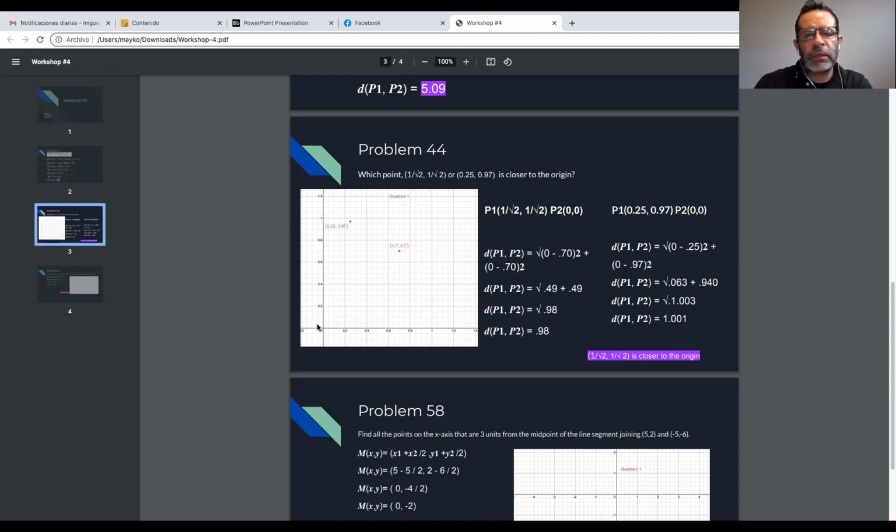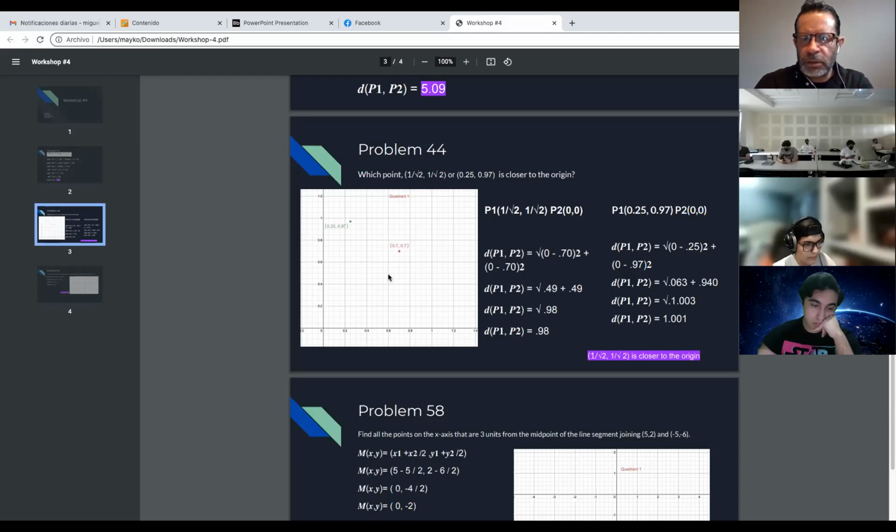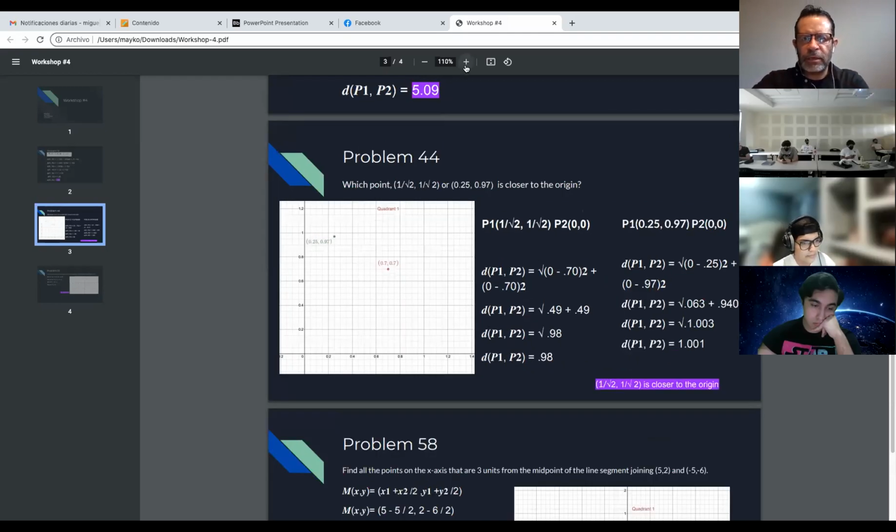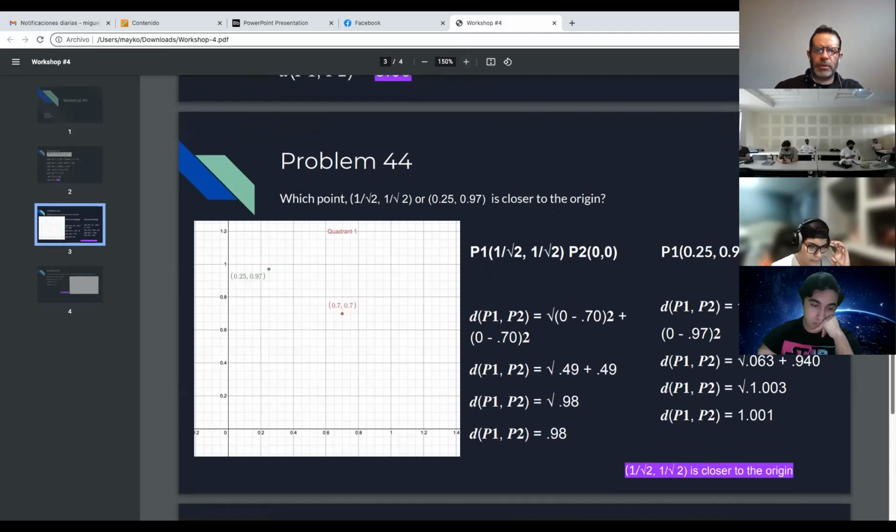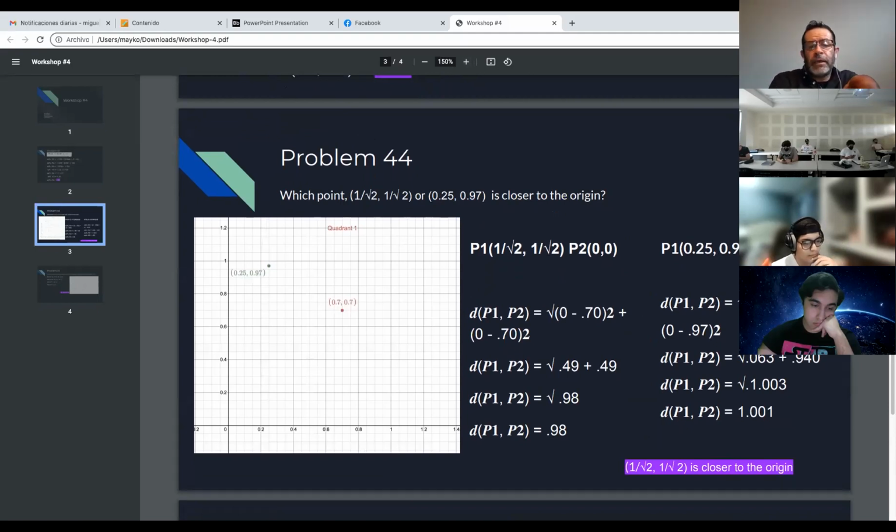Yep, well done. Could you make the slide a little bit larger? Perfect. So basically we've got 2 points, and they're asking us which is closer to the origin. What needs to be calculated is the distance between each point and the origin. So point 1 is going to be the point, and point 2 is going to be the origin.